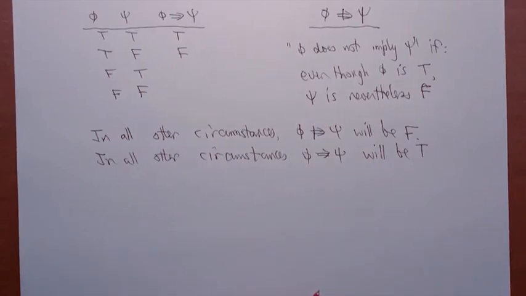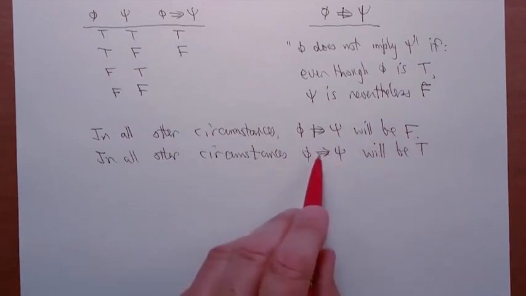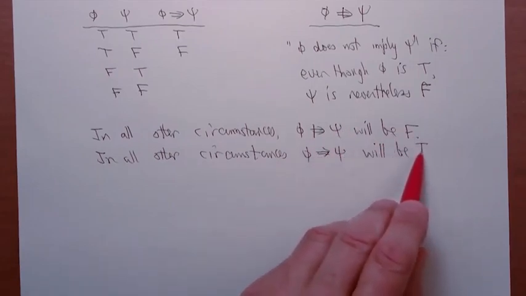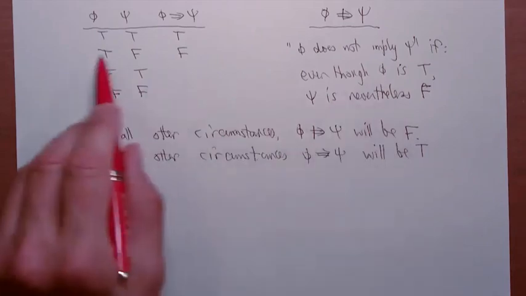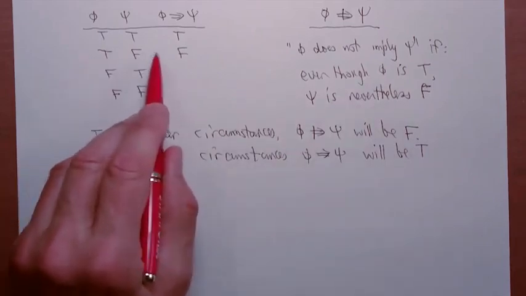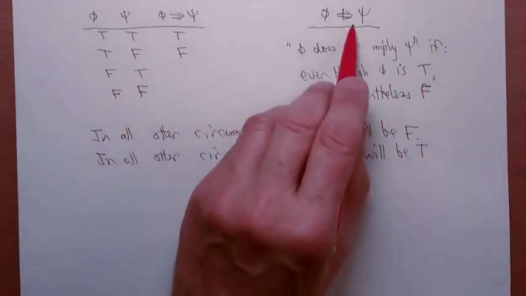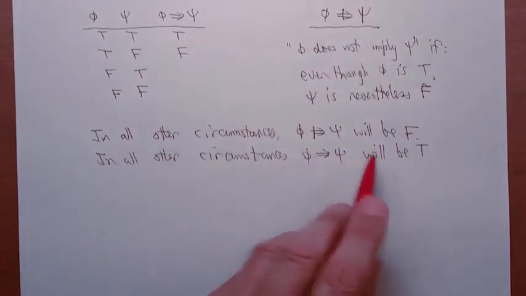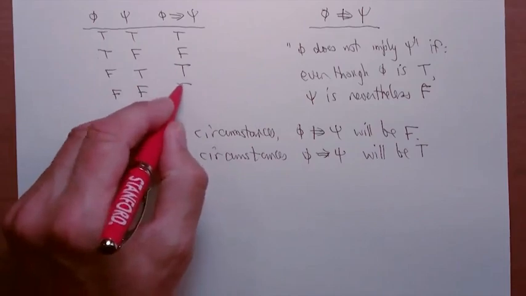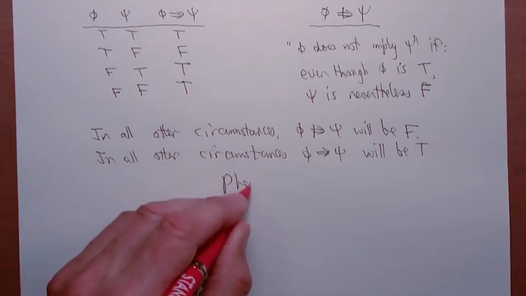Because negation swaps F and T, this will be false when this is true. So if we have T and F, which we have here, then negation is false, which means this is true. In all other circumstances, this is true. So those are truths. And we're done. Phew, that was difficult.